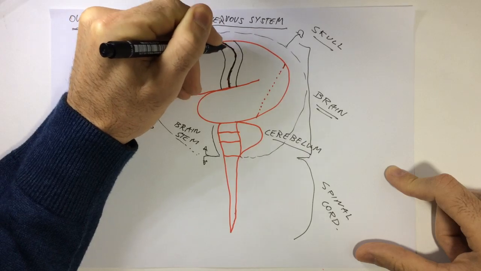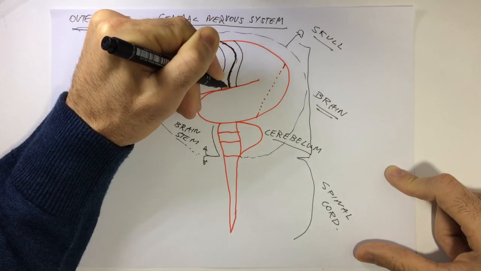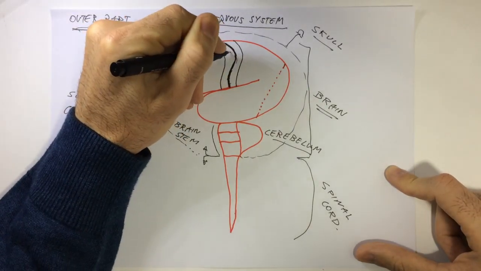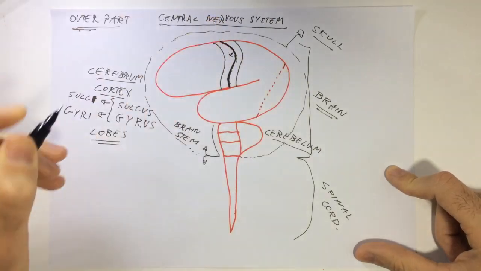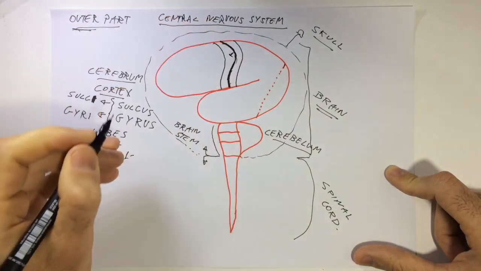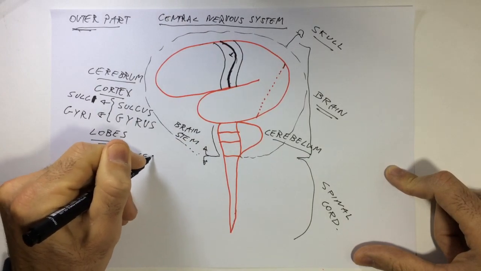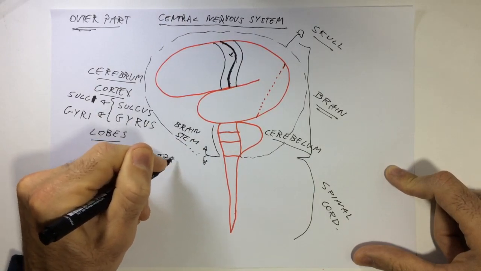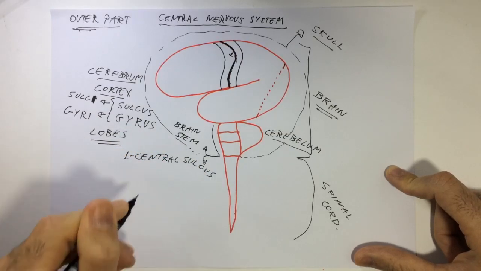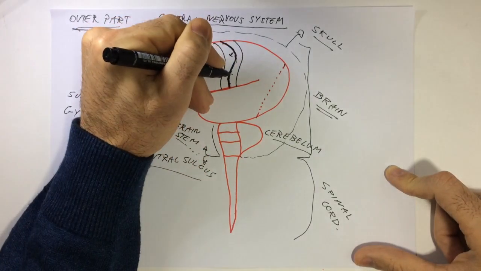So for example, this sulcus here, I'm going to put a number 1 here to name it. So 1, that would be the central sulcus.